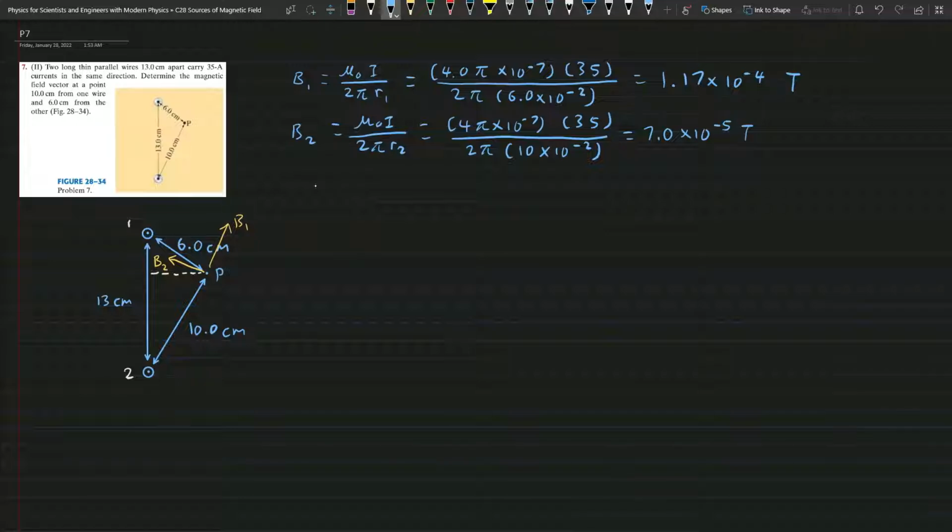Now this is the magnetic field due to each wire.